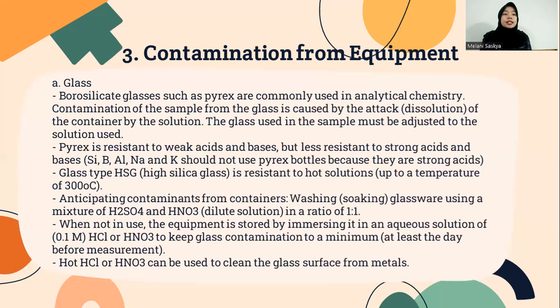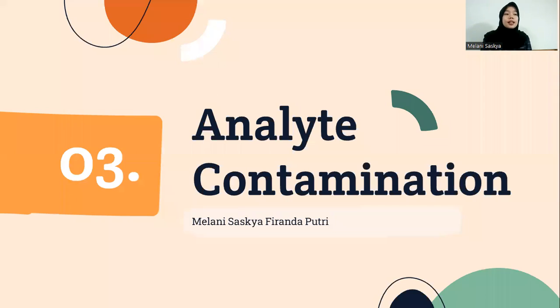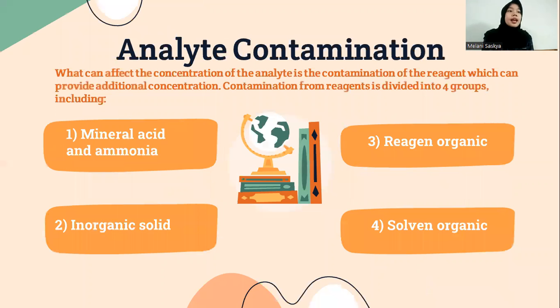Anticipating contamination from containers: washing and soaking. The glassware is washed with a mixture of H2SO4 and HNO3 diluted solution in a ratio of 1:1. And the third, analyte contamination.